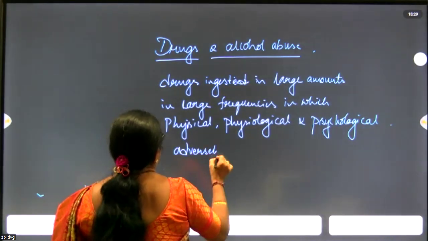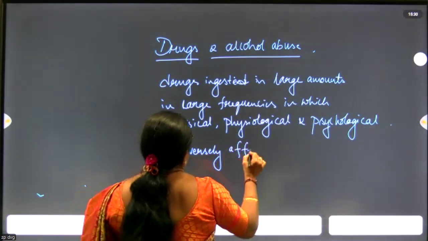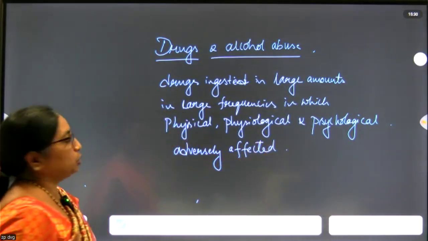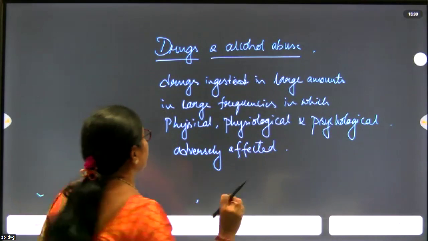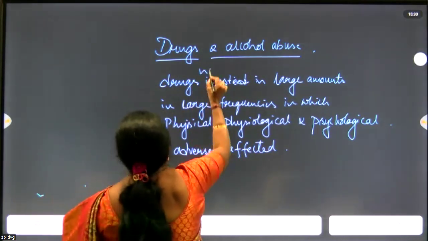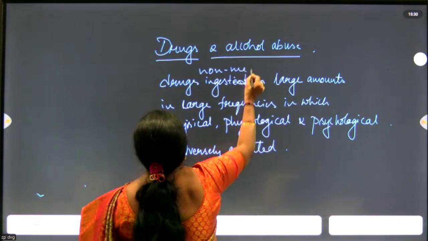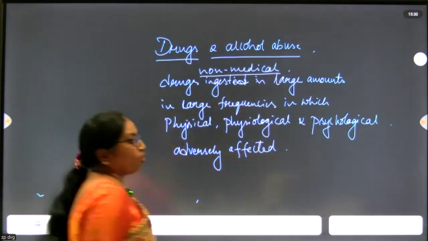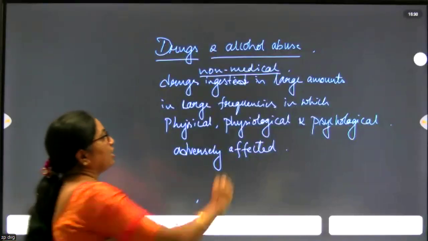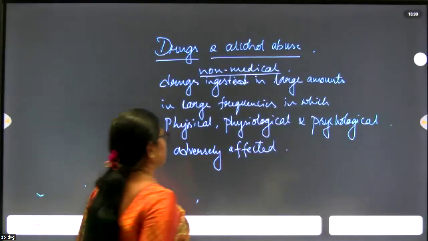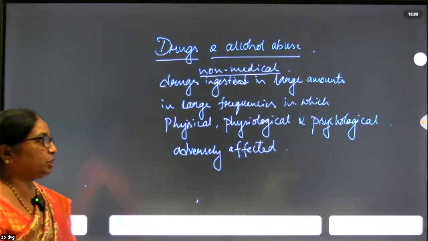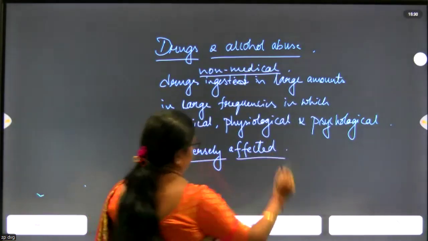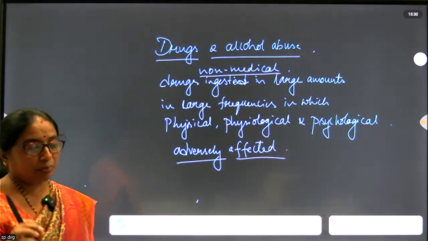You call it drug abuse or alcohol abuse. So drugs are taken for non-medical purposes. In drug abuse, the drugs are taken for non-medical purposes in large amounts and large frequencies, in which the physical, physiological, and psychological functioning of the body is adversely affected. You call it drug abuse.